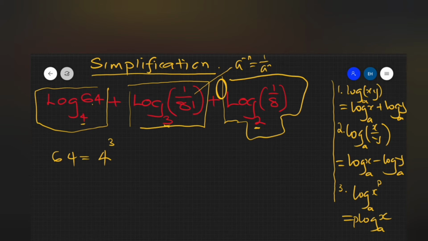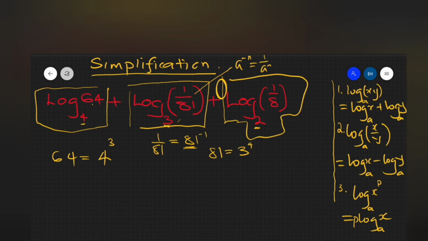Okay, so this one will be 81 to the power -1. So we can say 1/81 is equal to 81 to the power -1. But okay, what is the relationship between 81 and 3? 81 can be written as 3 to the power 4.